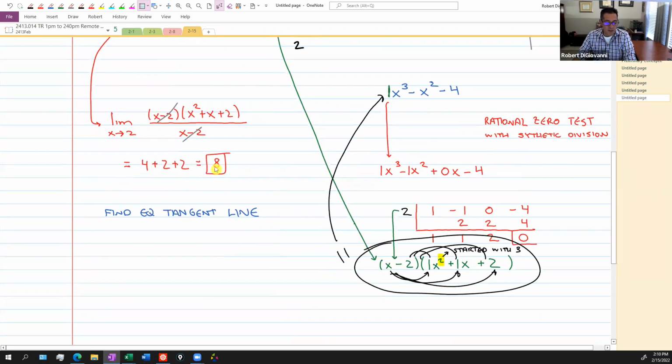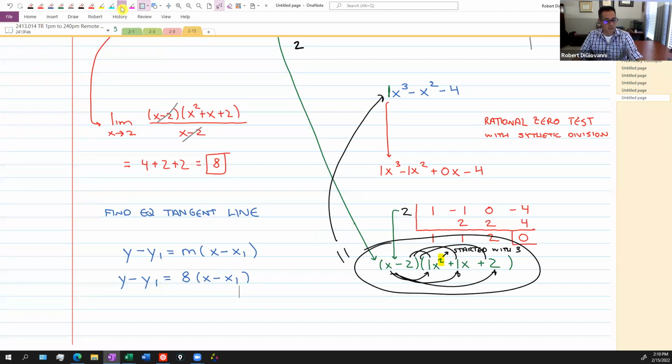We have the slope of the tangent line, don't we? So when you go back to the generic formula, this is the generic formula for finding the equation of any line, right? We know the slope is 8. What's the only thing we need to finish off the equation?